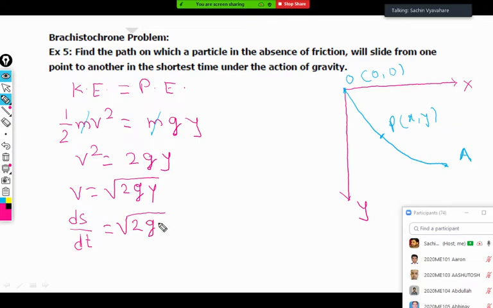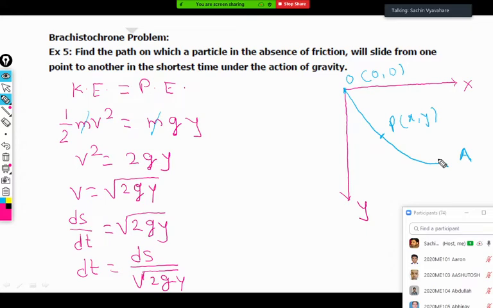Our aim is to minimize the time, so we get the equation for time: dt = ds / root(2gy). But we want to go from the origin to the point A, so the total time taken is capital T, which will be the integral of this equation.